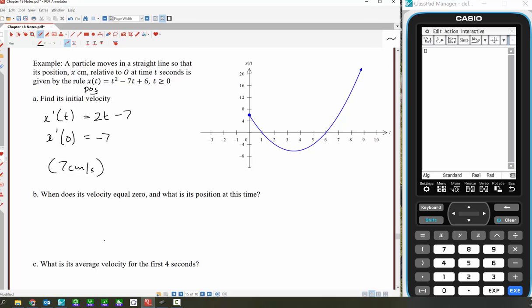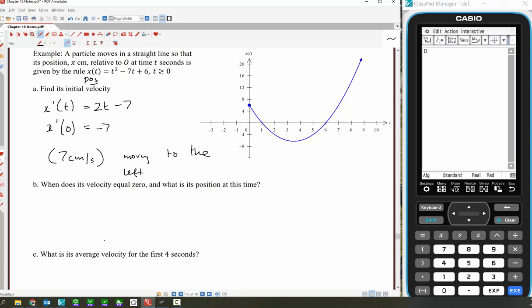It's running at 7 centimeters per second, and because it's negative, the particle is moving to the left. So initially the velocity is 7 units per second, and it's moving to the left. That negative sign is really interesting because it tells us something about the way the particle is moving.